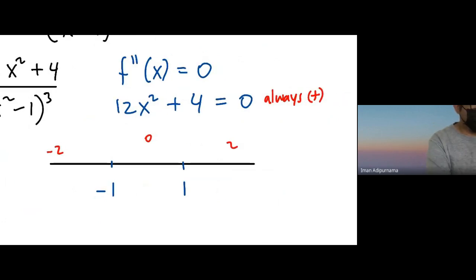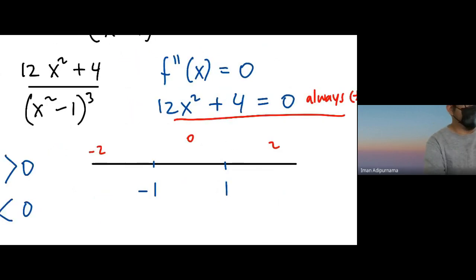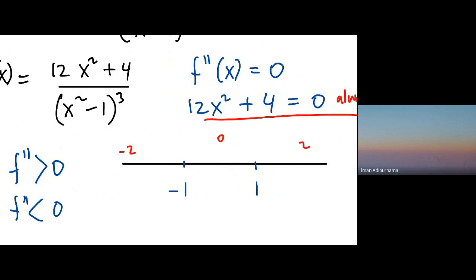Because this part is always positive, how do we decide our x? We decide from the bottom one. Remember, it has a cube, so it may change to negative or positive. So for the numerator, we can just expect that it will be positive, right?